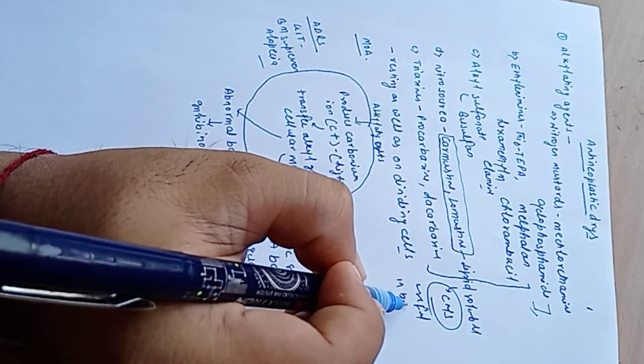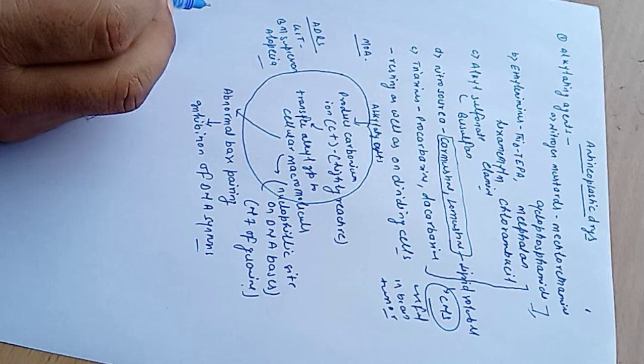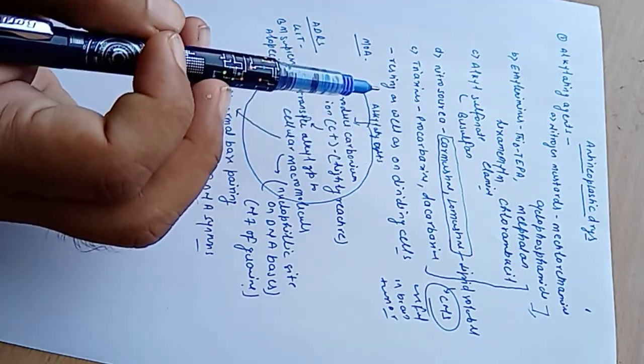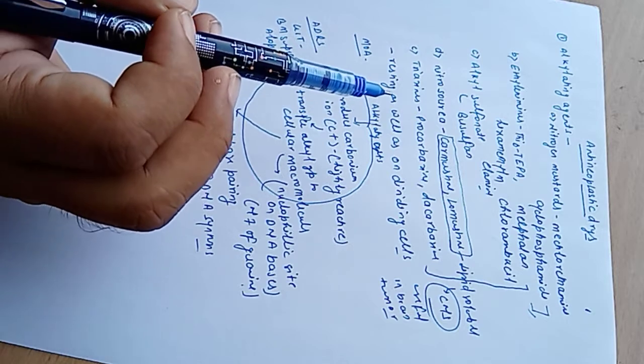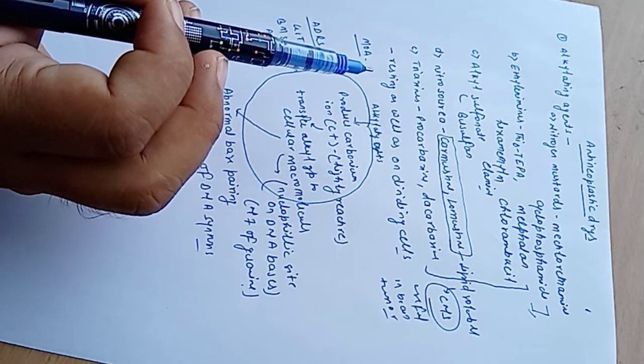So particularly they are used in brain tumor. But the problem with nitrosoureas is they again result in various ADRs like delayed neutropenia. So this is about alkylating agents.